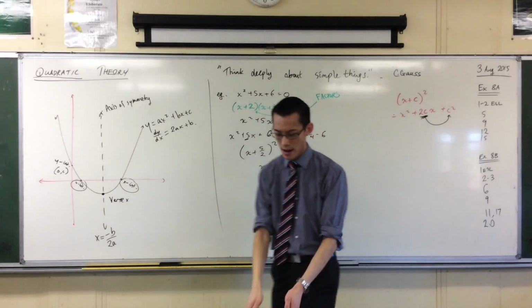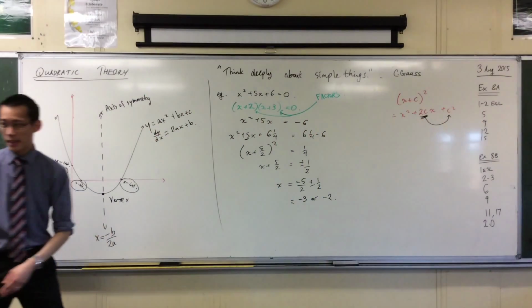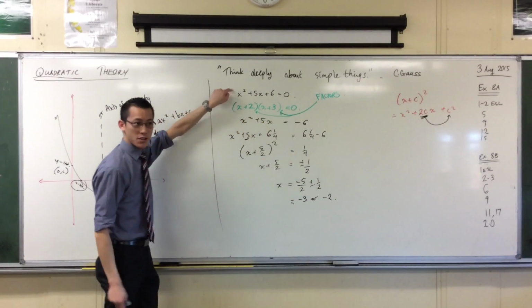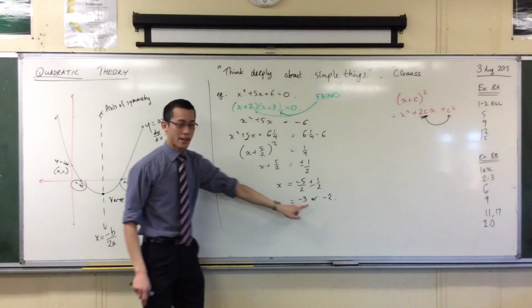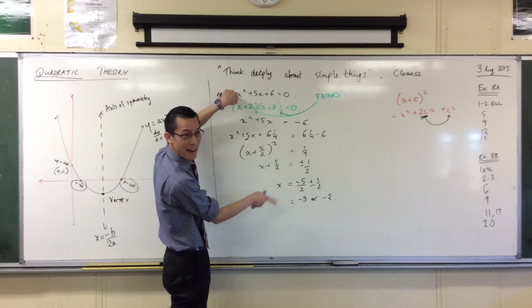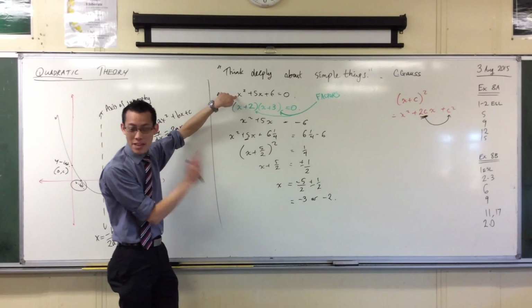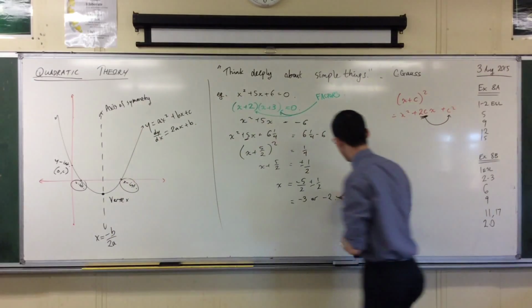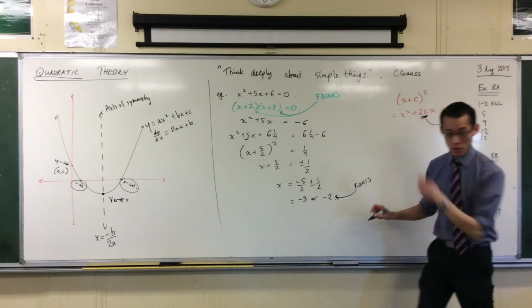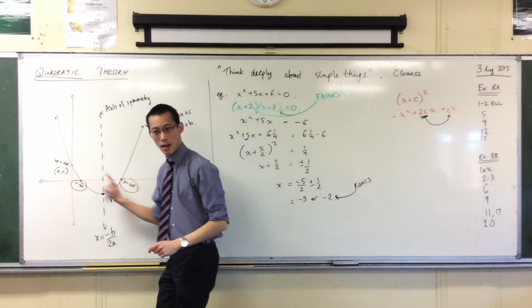Just like when you say 21 is 3 times 7, this is this times this. So this is a product and these are the factors. These are not factors, because this is not minus 3 times minus 2. You can think of them a couple of different ways. You can call them roots, because they correspond to where the graph crosses at these two points.